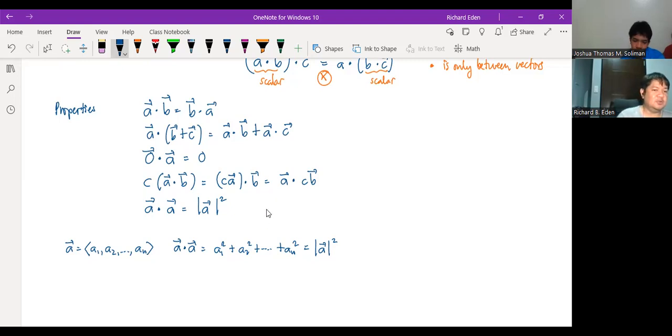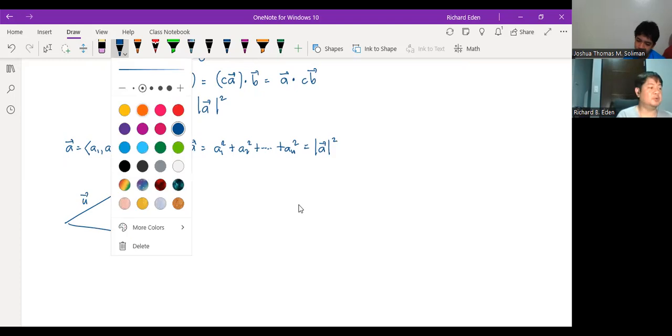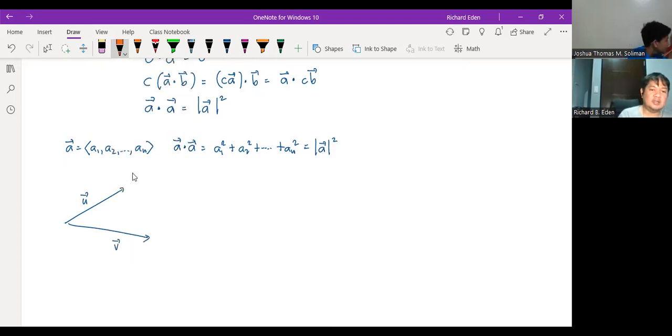Now we're getting closer to geometry. One particular reason why the dot product is very useful as far as the geometry of vectors is concerned. Let me draw vector u and vector v, starting from the same point. Now there are two angles, this and the other one.